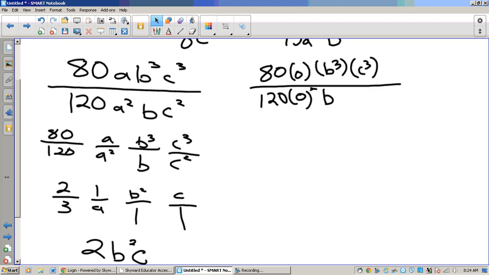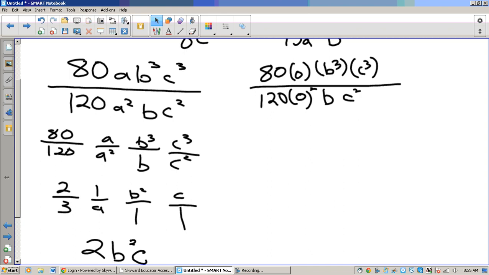What's this going to equal? 0 over 0. That you cannot do. Put it in your calculator, it's going to say syntax error. You can never divide by 0. So it doesn't matter what b or c is.